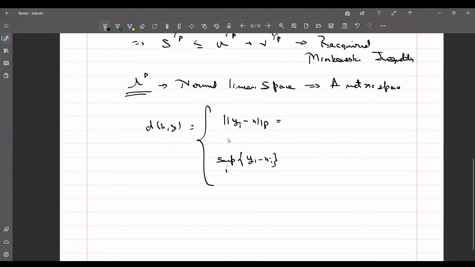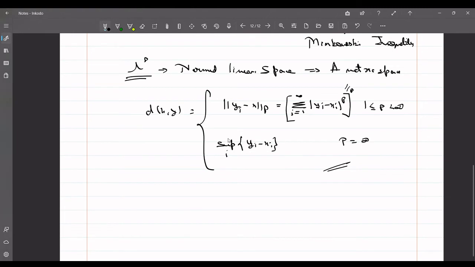This can be written as summation i equals 1 to infinity mod of yi minus xi to the power p, whole to the power 1 over p. This is for 1 less than or equal to p less than infinity, and the supremum is for p equals infinity.